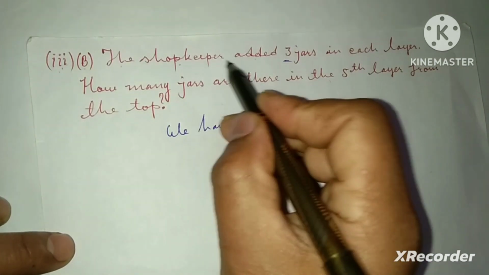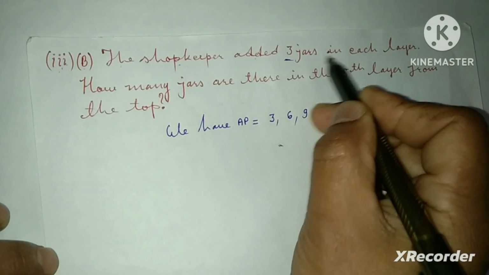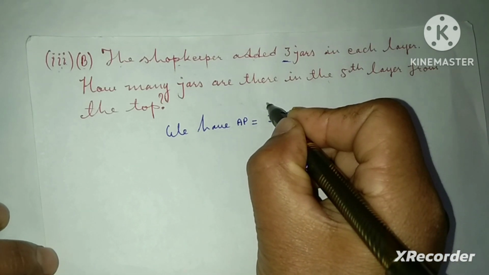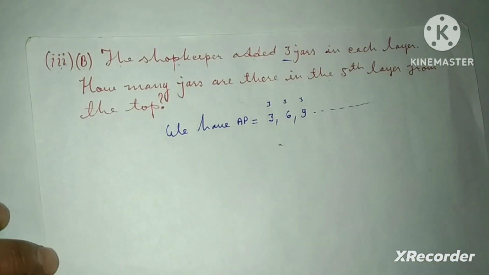Now the shopkeeper added 3 jars in each layer, so here should be 3, 3, 3.